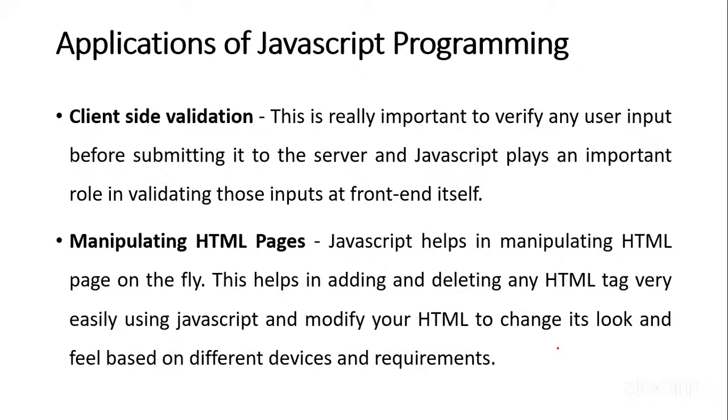Then what are the applications of JavaScript programming? Let us know. Client-side validation. We can use JavaScript for client-side validations. What is the meaning of client-side validation? For example, if you are trying to create a new password on any web page, any website, or any application, suppose I use 3 characters for my password, that may raise an error.